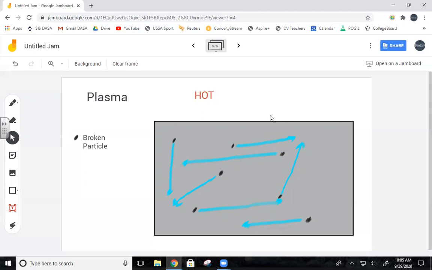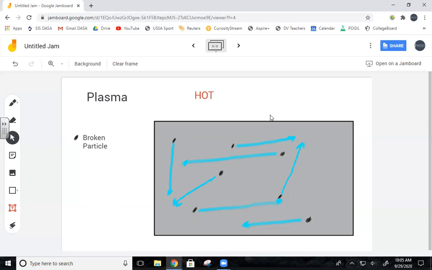It breaks the bonds inside of the particles. So for instance, if we took some oxygen, oxygen is element number 8, meaning it has 8 protons, and it usually has 8, sometimes 9 neutrons.